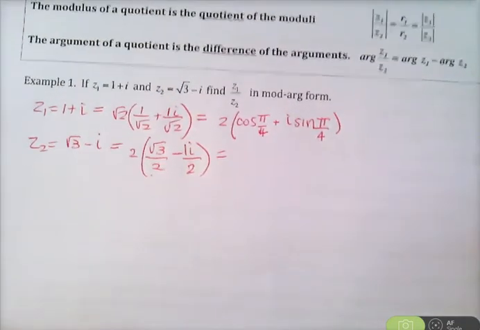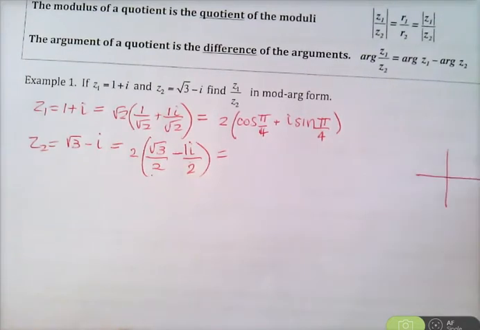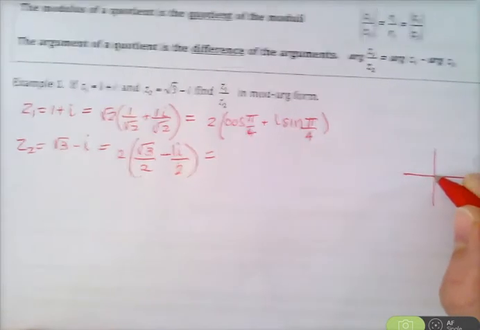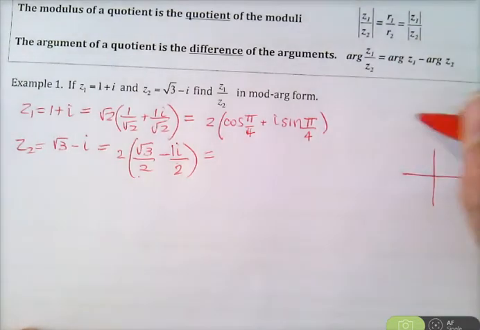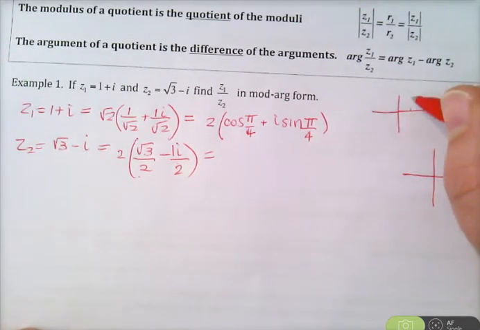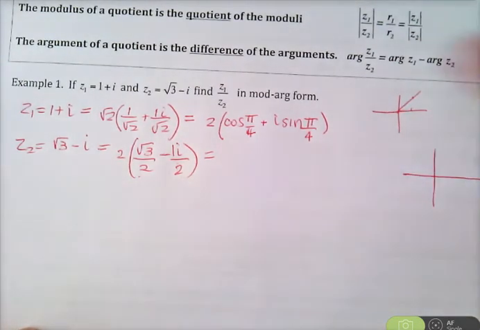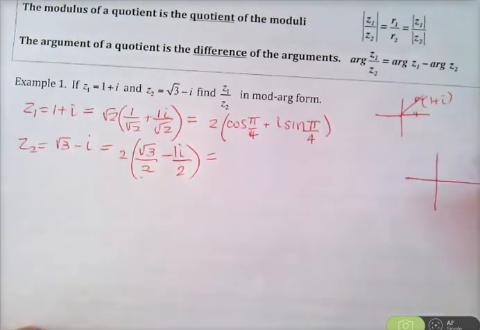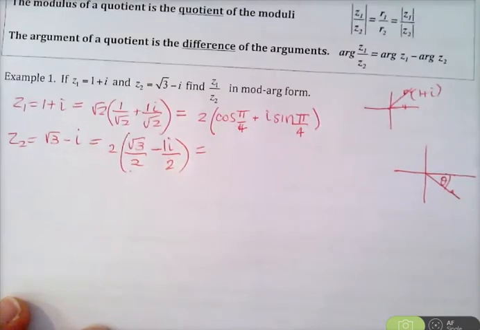Okay, so I'm going to do a little sketch here. With the first one, 1 plus i, you're definitely in quadrant 1. And with this one here, root 3 minus i, you are definitely in quadrant 4. So our angle is going to have to be a quadrant 4 angle.